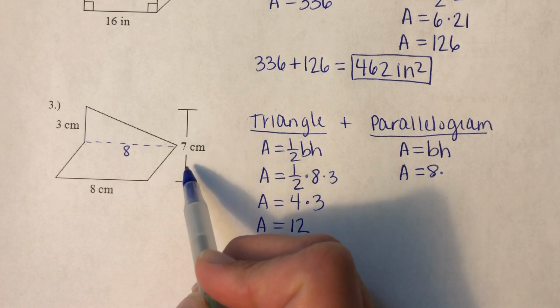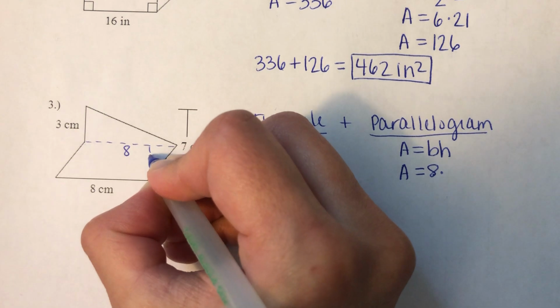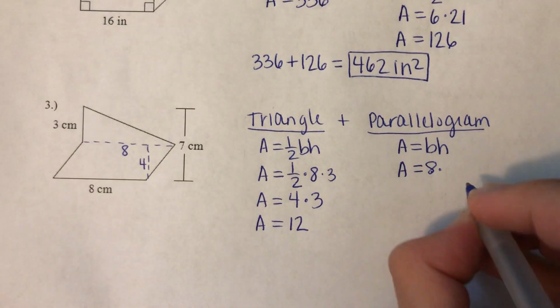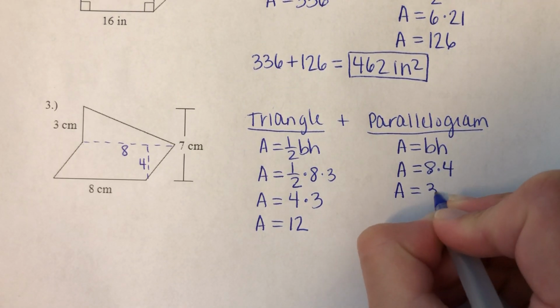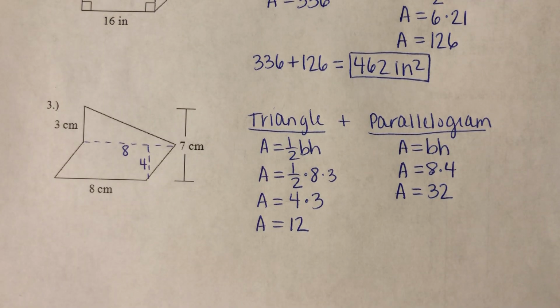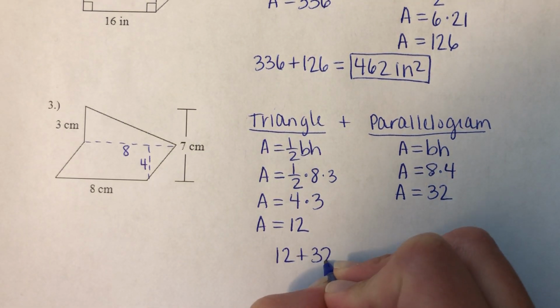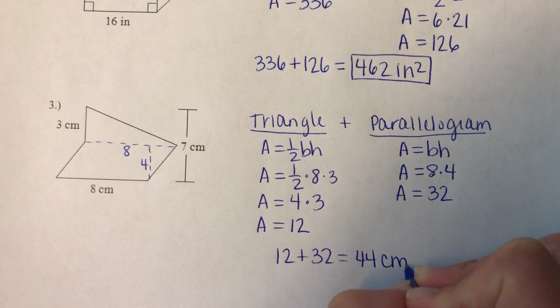But if that whole thing is 7 and this piece is 3, that means my height must be 4, because 7 minus 3 is 4. And then 8 times 4 is 32. We'll add our two areas together. And we get 44 square centimeters.